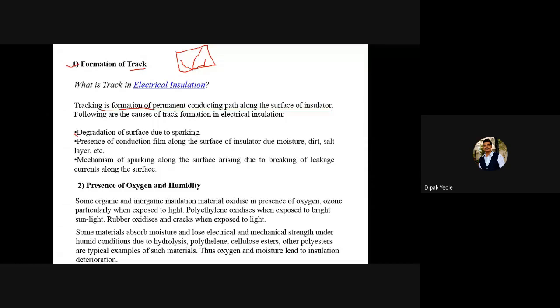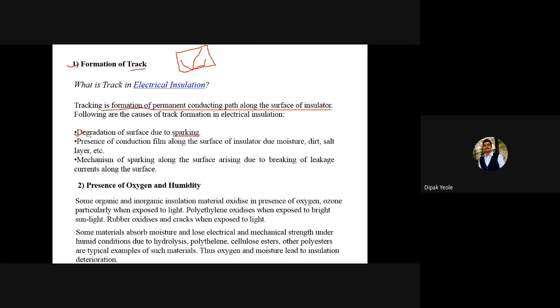Degradation of surface due to sparking. स्पार्किंग जर होत असेल तर स्पार्किंग हे कंटिन्युअसली जर राहिलं तिथे तर तुमचं इन्सुलेटिंग मटेरियल हे याच्यामध्ये काय फॉर्म होतात, ट्रॅक्स फॉर्म होतात. म्हणजे तुम्हाला कळत असेल की we are using the insulating material inside our transformer, or you can say the rotating equipments. Yes. And if there is sparking inside the transformer or the electrical equipment, there is a possibility of track formation.